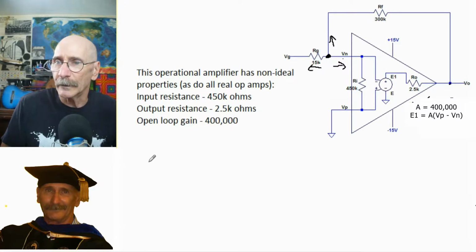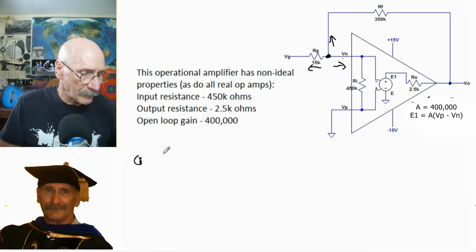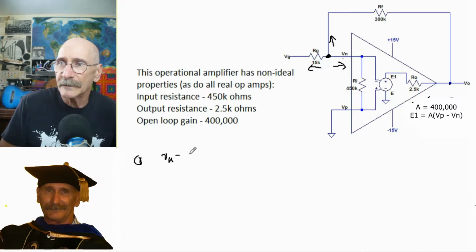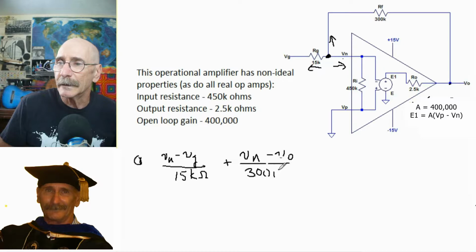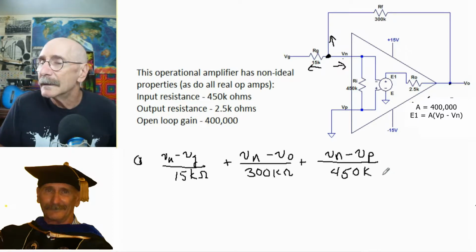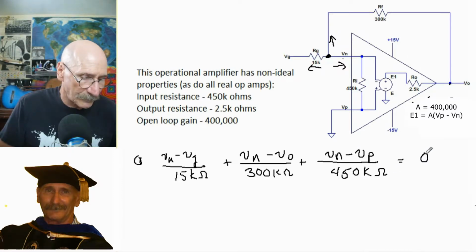So equation 1 is going to look like this: Vn minus VG divided by that first input resistor, which is 15 k ohms, plus Vn minus Vout divided by the 300 k ohm resistor between them, plus Vn minus Vp divided by the 450 k ohm resistor between them. And all that adds up to 0.